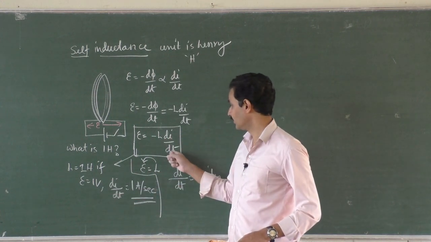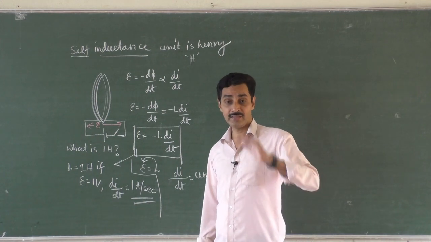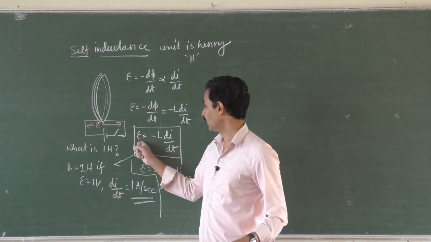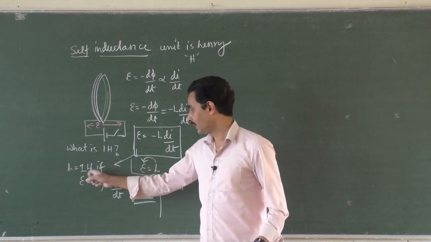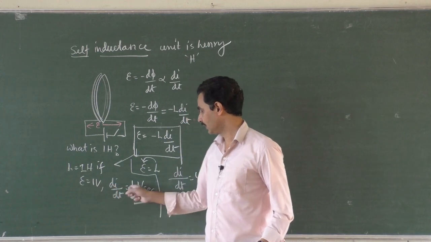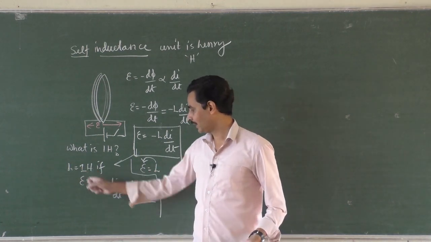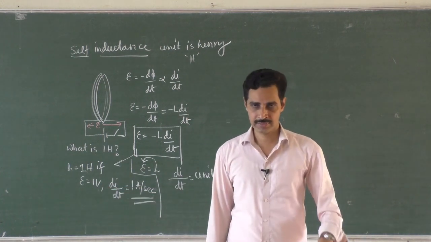If di by dt is 1, then E is equal to L. And if you want to precisely define what is 1 Henry, L is 1 Henry if E is 1 volt and di by dt is 1 ampere per second. So self-inductance of a coil is 1 Henry if 1 volt of EMF is induced in the coil when the current through it changes at a rate of 1 ampere per second.